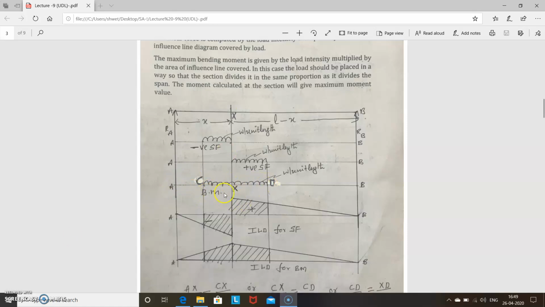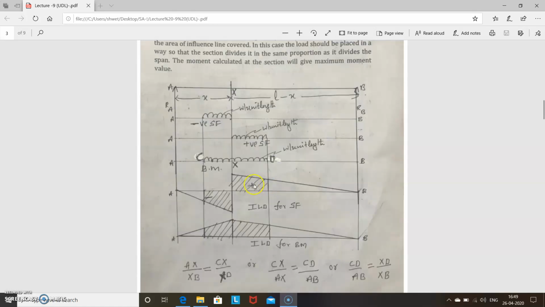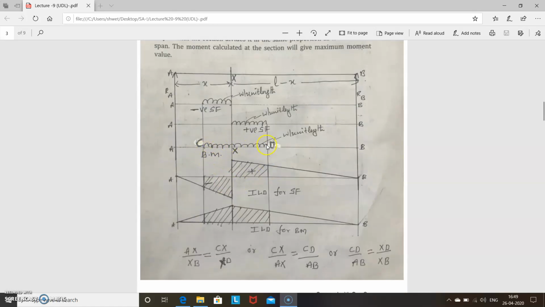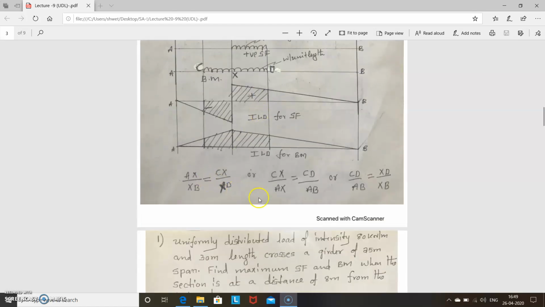We don't know now what the distance is, this is just an example I have given. So this distance, it is shorter than the span, so corresponding bending moment you have to calculate. How can you calculate this distance? Either Cx or xt, both distances you have to calculate.